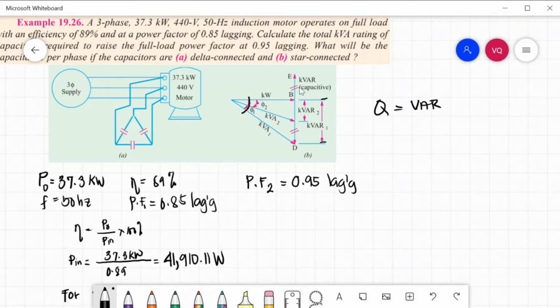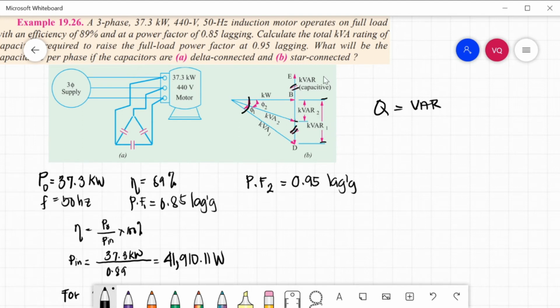So, ano yung value ng capacitive or capacitor natin para tumaas yung power factor natin from 0.85 to 0.95. So, para makorek natin yung power factor, of course, the value here will be the same as the value in your upper.